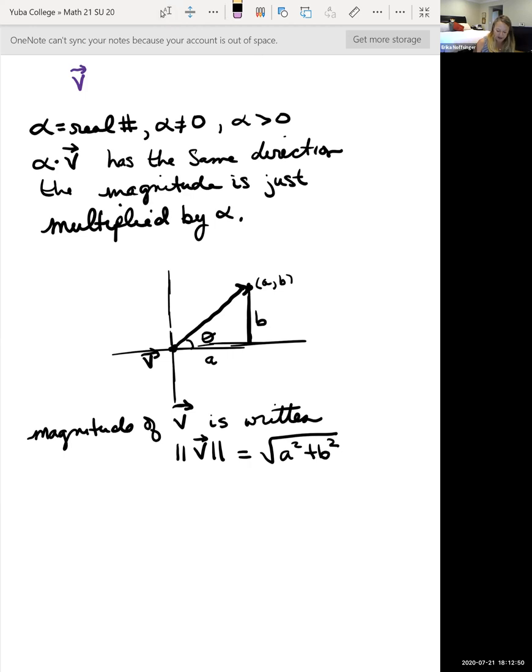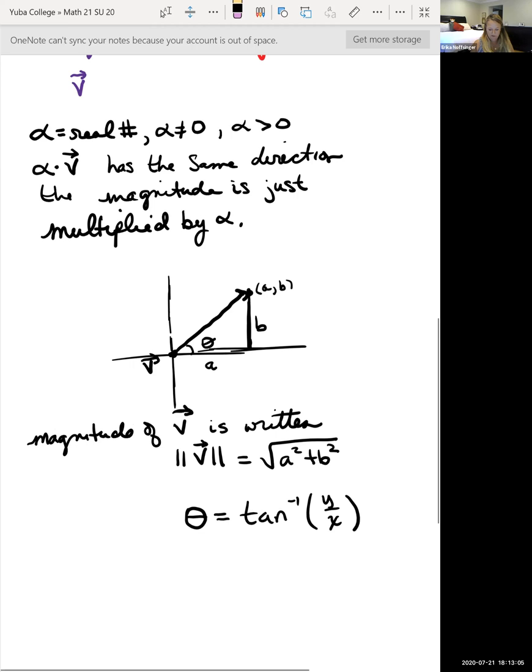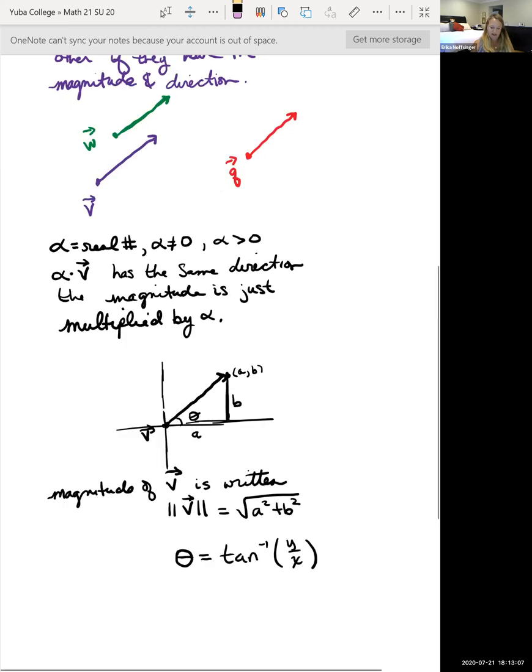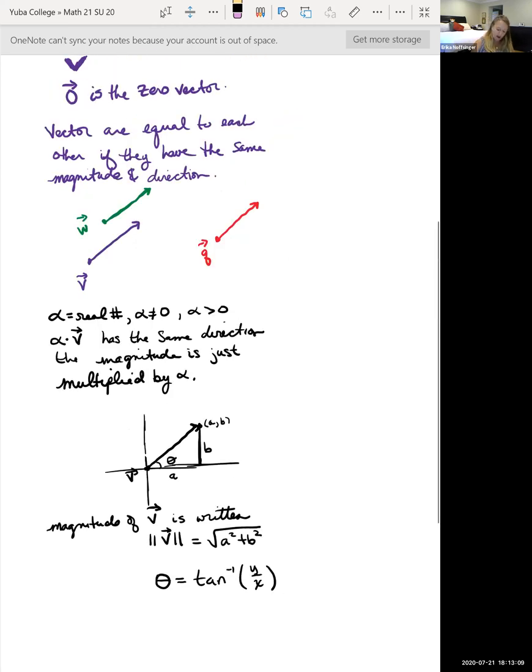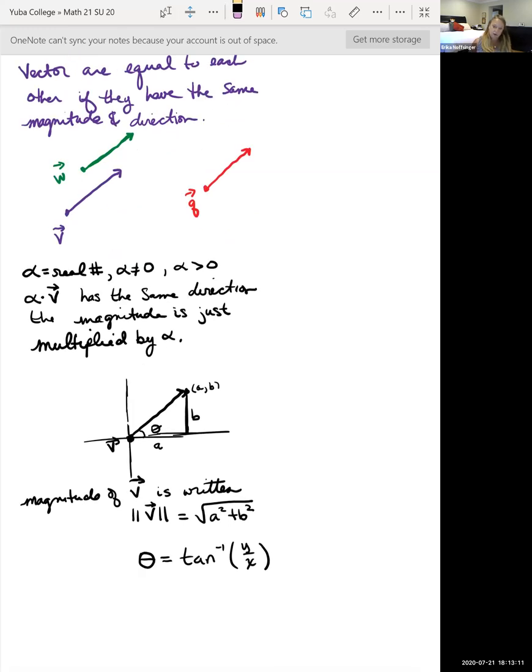So theta could be the same thing as tan inverse of y over x. Okay, but these are not always positioned where it's at the standard position. So we can figure out how to do that.